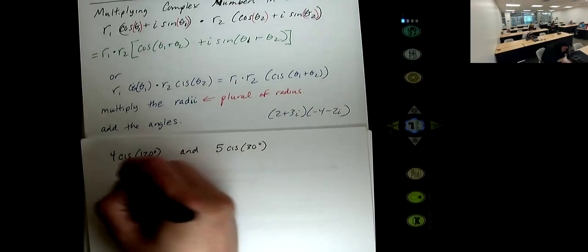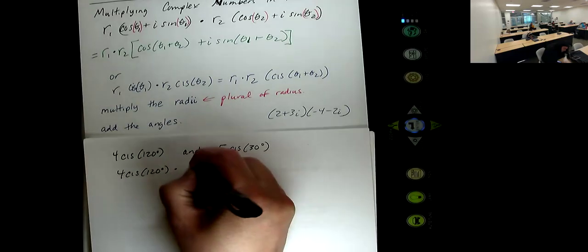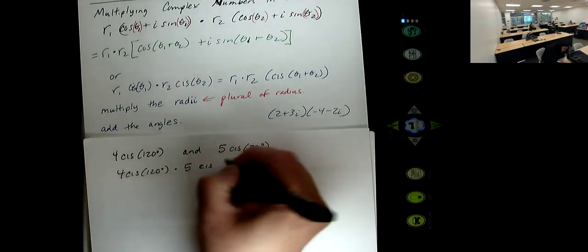We're multiplying these, 4 cis 120 times 5 cis 30.